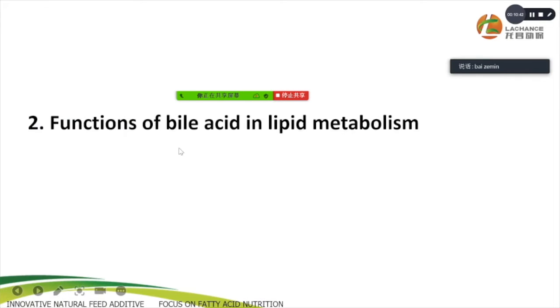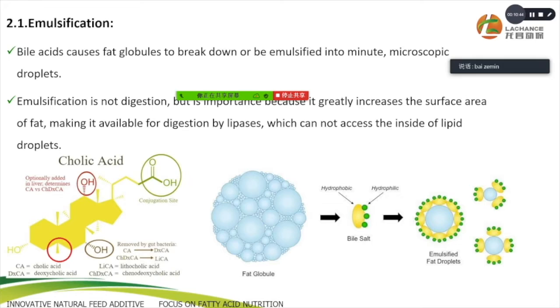For the function of bile acid, especially lipid emulsification, digestion, and absorption: bile acid is one of the products which can emulsify the fat globule into micro fat droplets. First, it causes big fat globules to break into microscopic droplets.